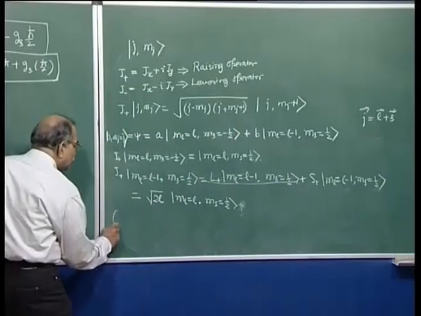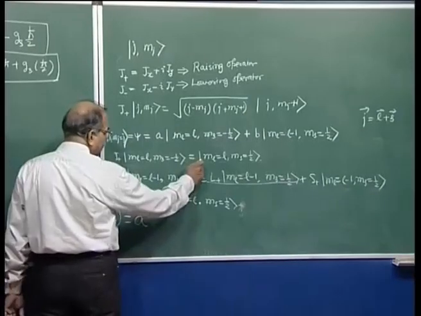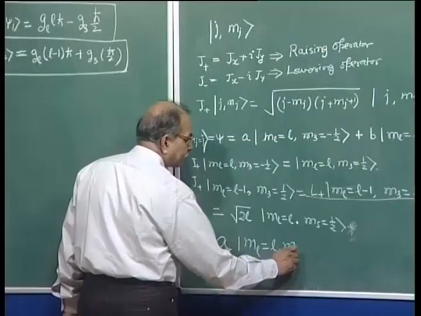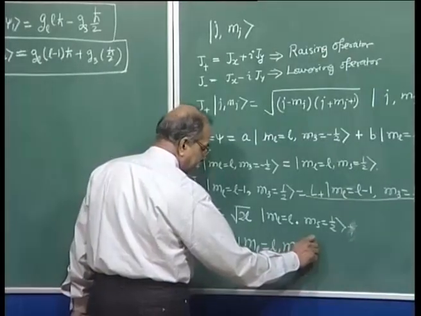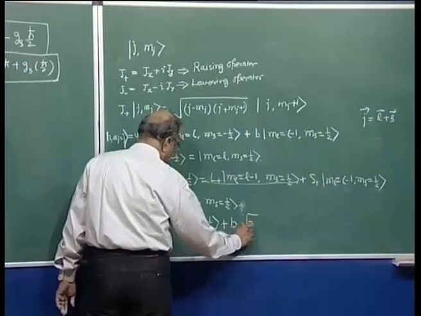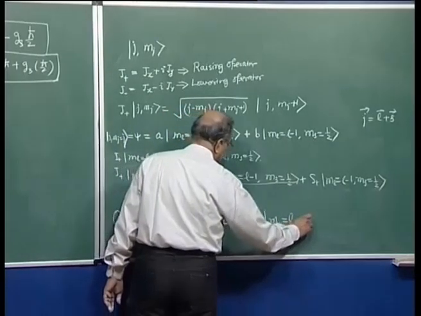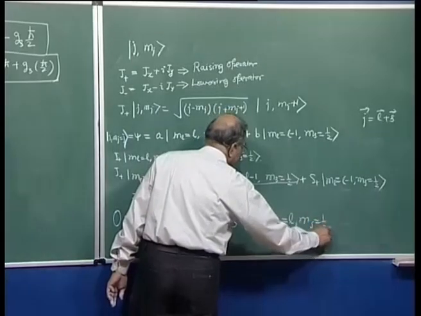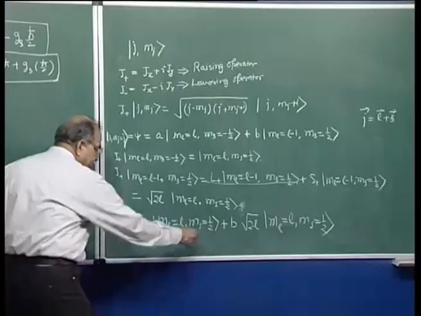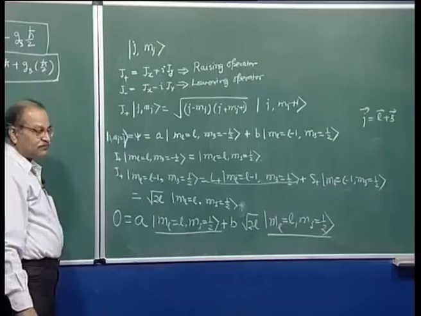So, 0 should be equal to a times what? This one, plus b times what? Square root 2L. Look at these two wave functions, they are same, and this should be 0.